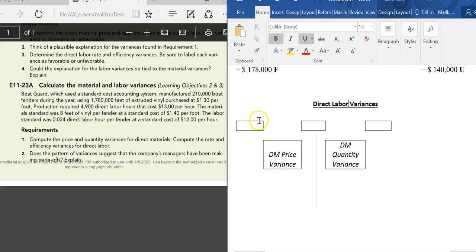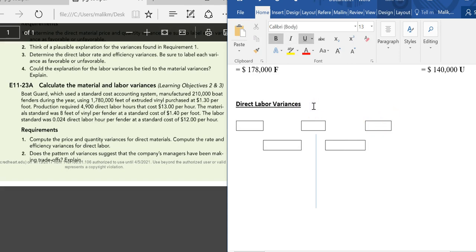So for direct labor variance, again we all will have first box all actual, second box is a combination of actual and standard, and the third box will be all your standard information. So I will do this one. Now we are doing the direct labor variance.